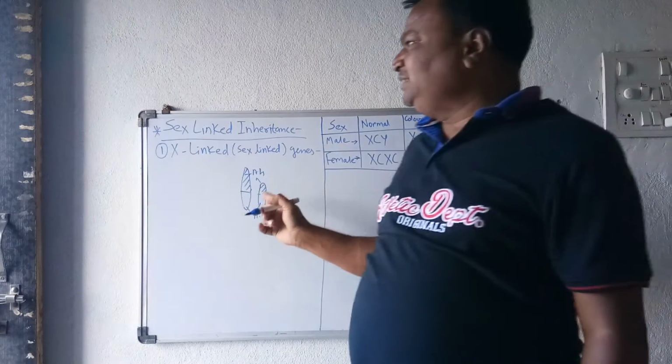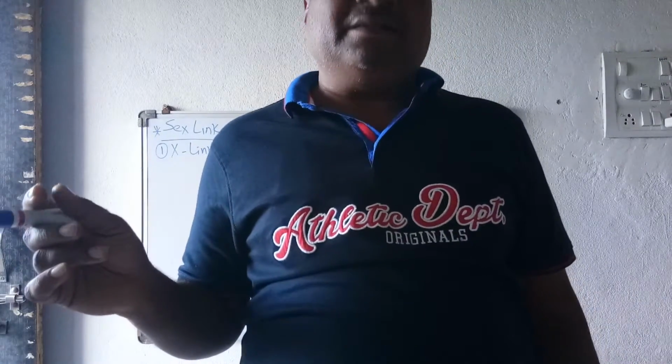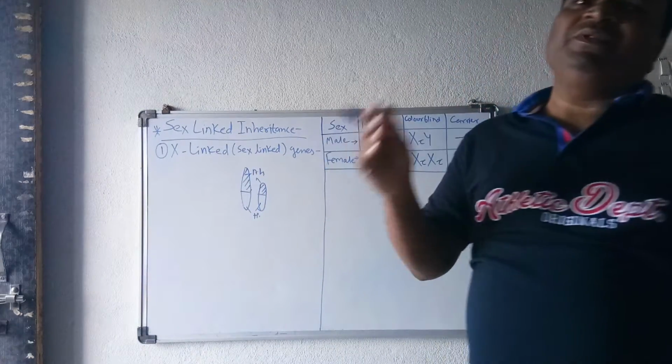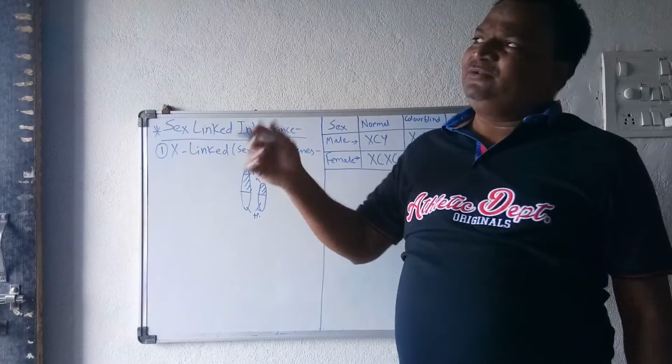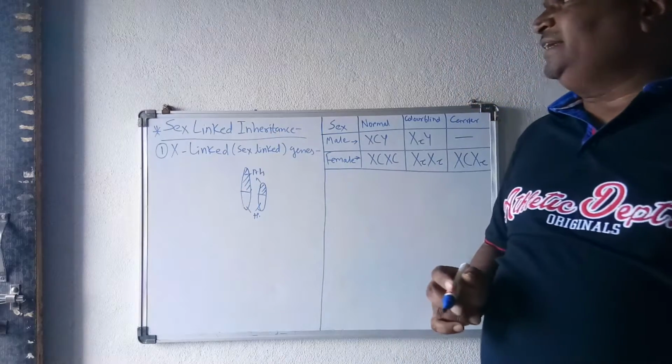Such sex-linked genes are responsible for producing the inheritance pattern called sex-linked inheritance, in which transmission can occur directly from parents to their offspring. Accordingly, it is called sex-linked inheritance.